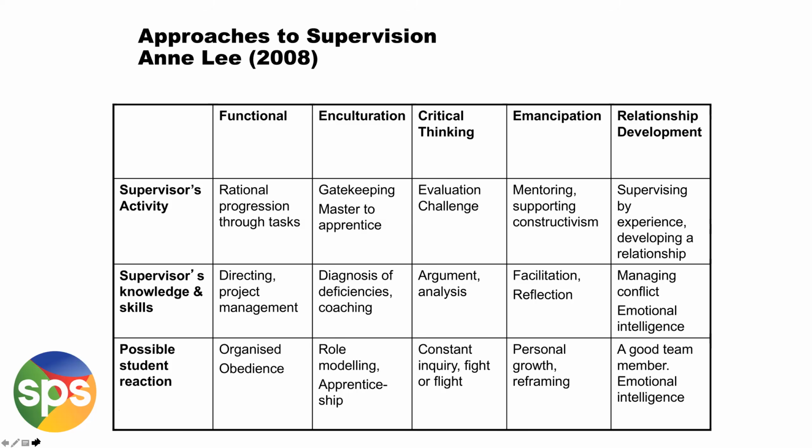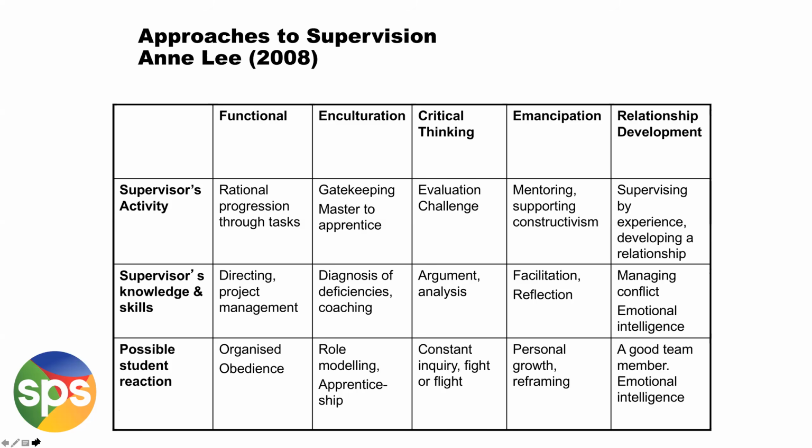And the final approach to supervision that Anne Lee presents us with is that of relationship development. And here the supervisor's focus is very much on the interactions between herself and her students. She's supervising through the experience of that interaction. She supervises through developing the relationship, and that would be her focus.